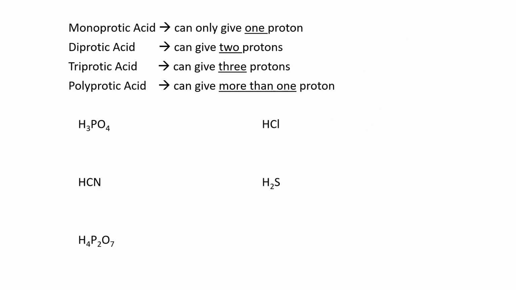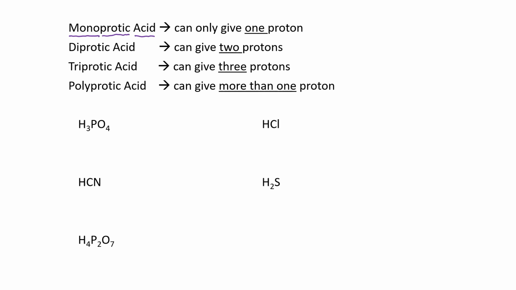Now, this is going to bring us to the next thing right here, that there's different types of acids. And what it means is that we have what's called a monoprotic acid.